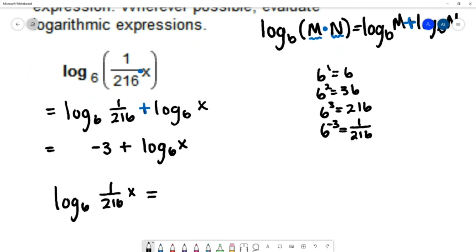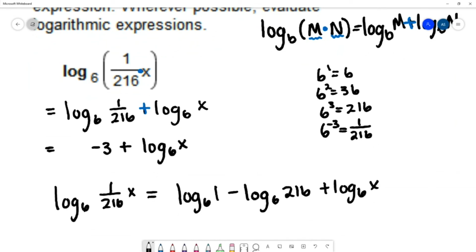If we use both of them, it would look like this: log base 6 of 1 minus log base 6 of 216 plus log base 6 of x. We used the quotient rule because we had a quotient here, and that's why we have a minus right here. The 1 is in the numerator, so that log is positive. The x is in the numerator, so that log is positive. But the 216, that log is negative because 216 is in the denominator.